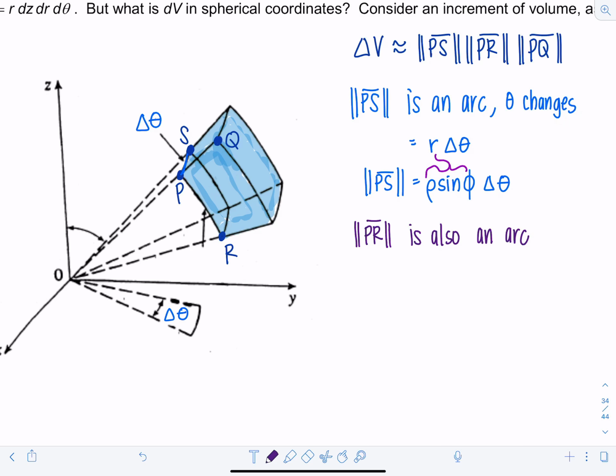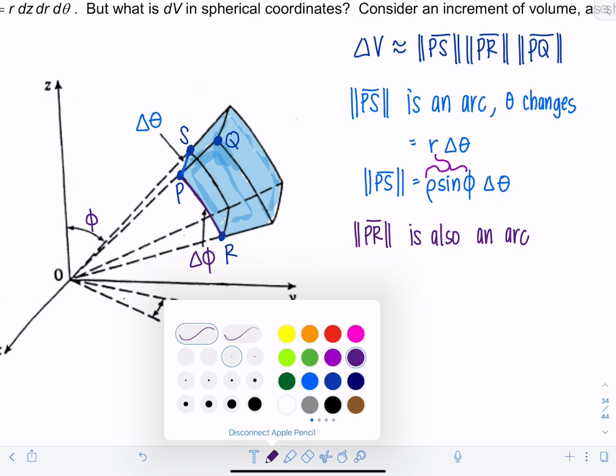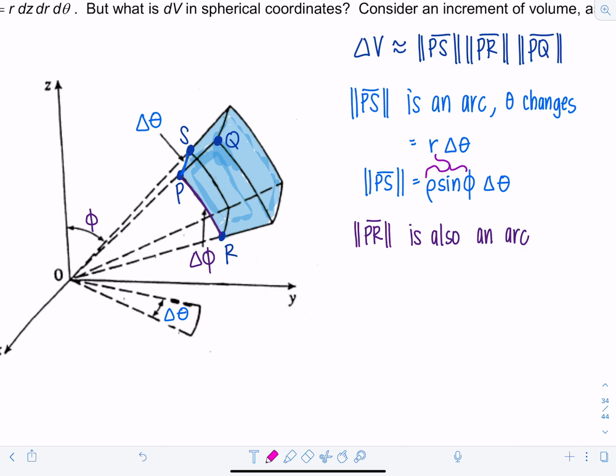Well, notice from P to R, what's changing? How do you get from P to R? That's a change in phi. So this is your delta phi. Right, remember this angle here, phi, is measured from the positive z-axis to the segment that contains the point. And if I move from P to R, I'm just changing phi to capital R. Remember, our lowercase r, if you're thinking back in cylindrical, this is your little r, right?